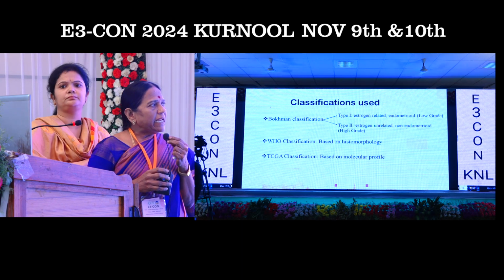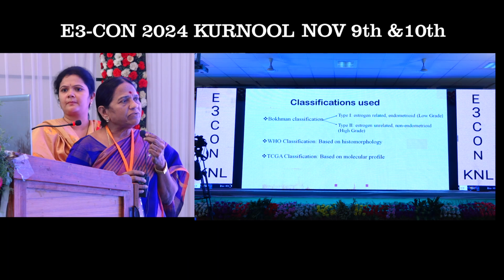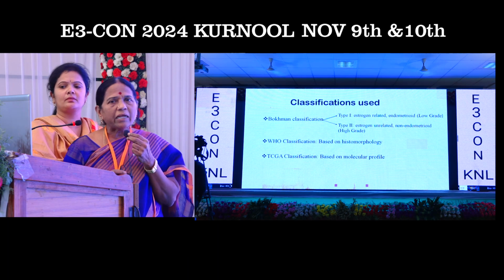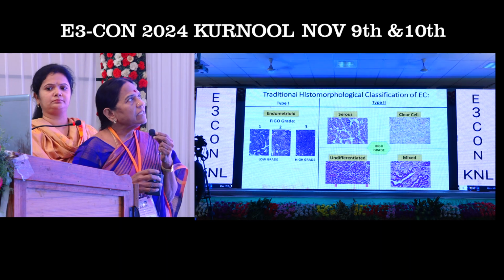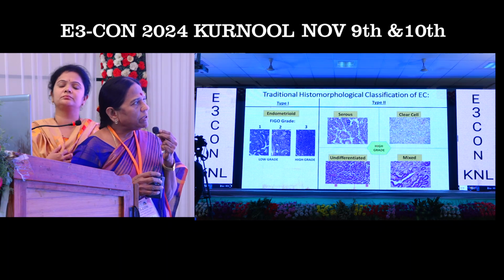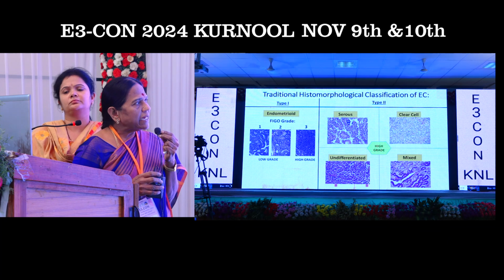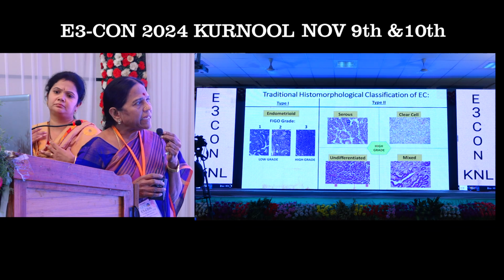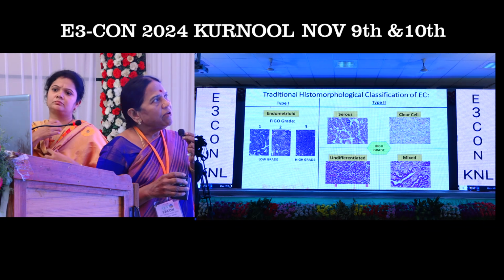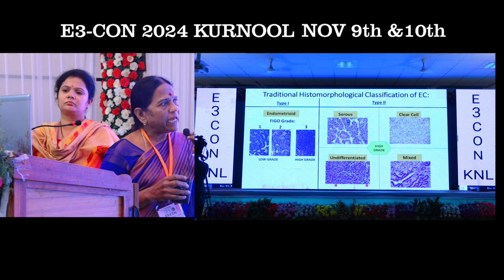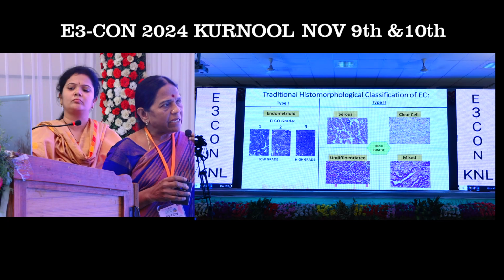Later the TCGA classification, which is based on the molecular profile, we are now doing this classification and we are following the treatment aspect. Now this is the histopathology view, the low grade and high grade views. The low grade with the glandular pattern and papillary pattern, and high grade with the diffuse tumor cells, whereas the non-endometrioid types come under serous, clear cell type, undifferentiated and mixed as usual.